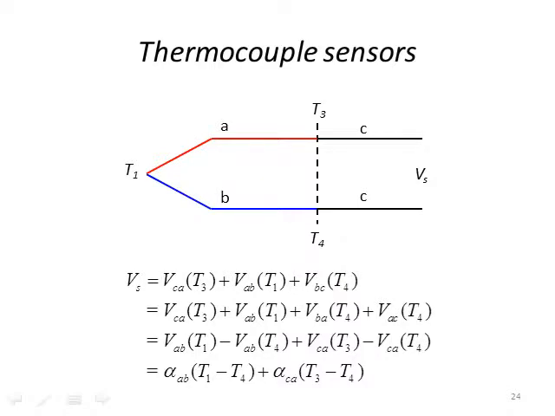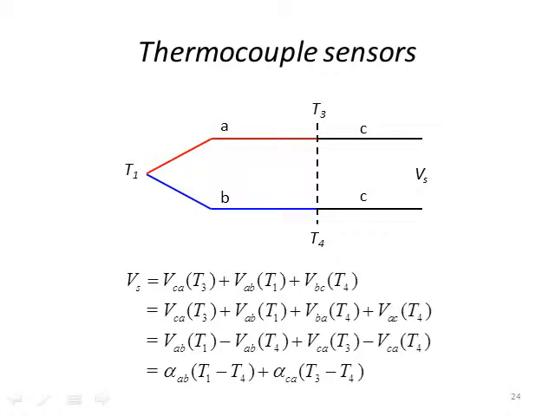So if we're given a sensor configuration that has material A, material B, and then it's connected to material C, and then it has a cold junction, let's say T3 and T4, and then the sensor area where the two A and B are joined together, T1.